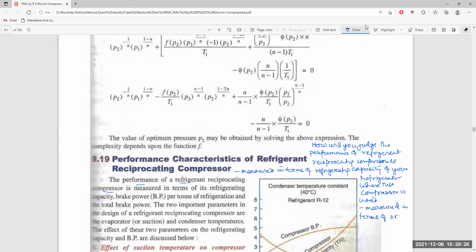brake power per ton of refrigeration and total brake power. What is brake power?